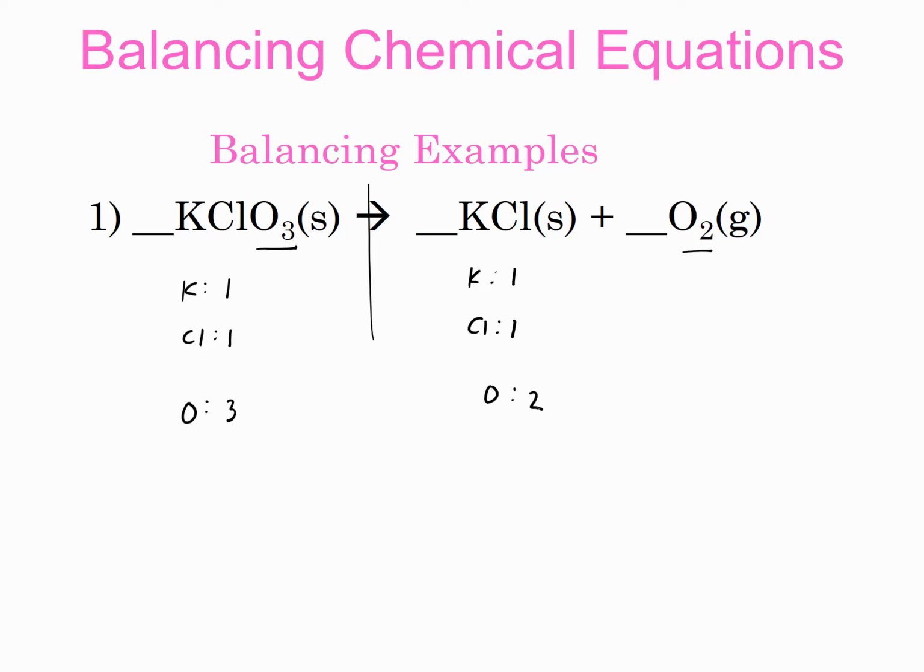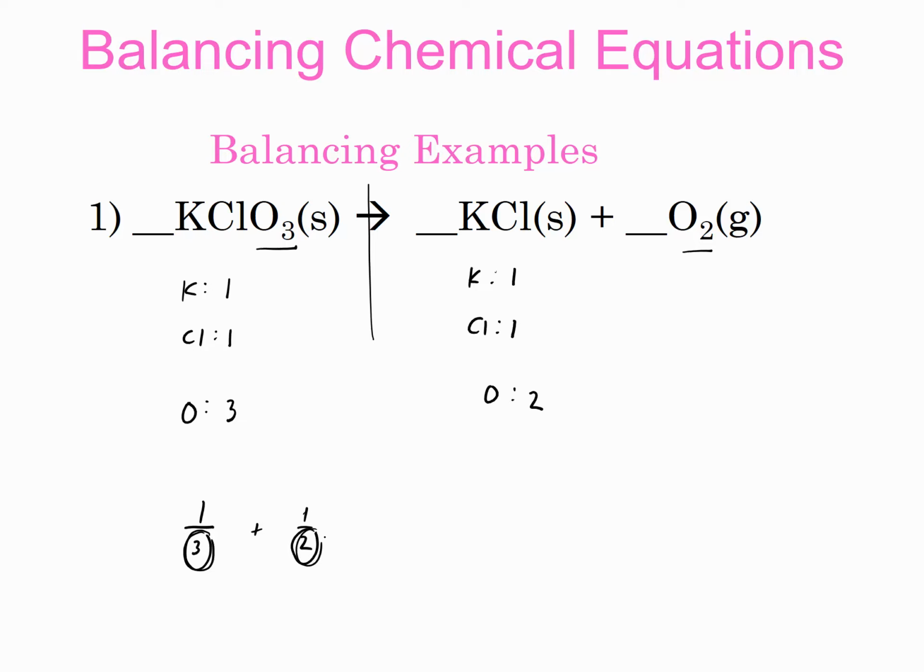It's kind of like adding two fractions. If you're adding a third plus a half, you have to make the denominator the same number. So you have to figure out the lowest number that they have in common. The lowest number that 3 and 2 have in common is 6.